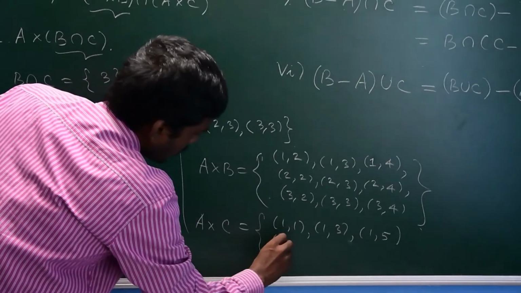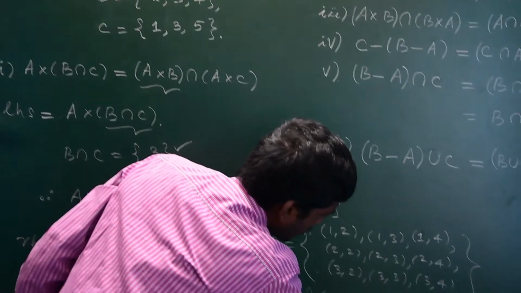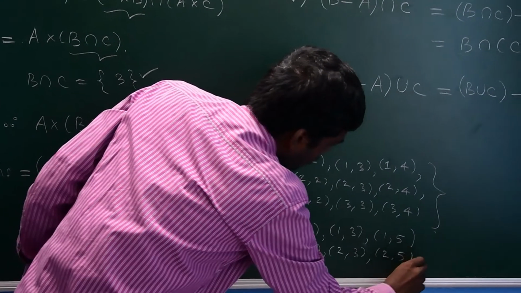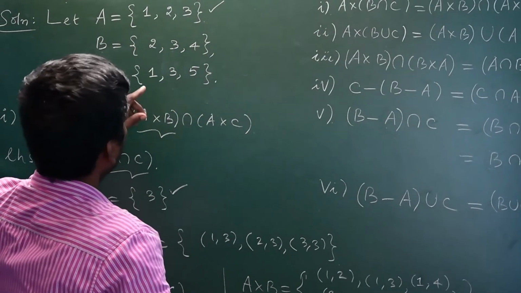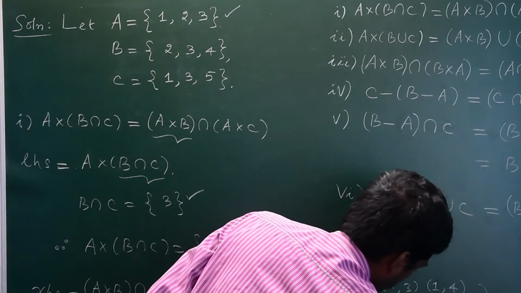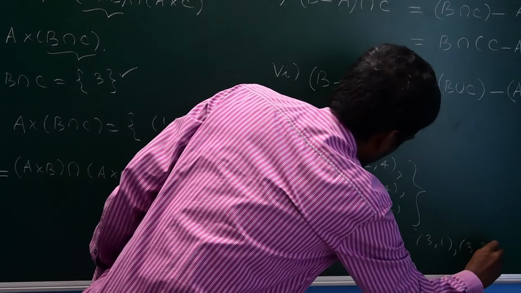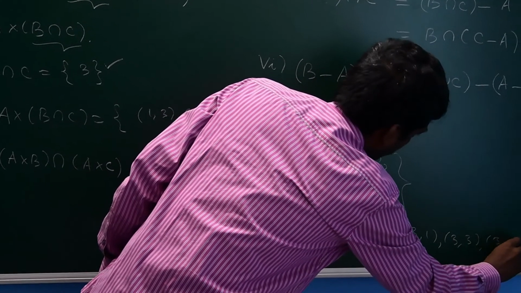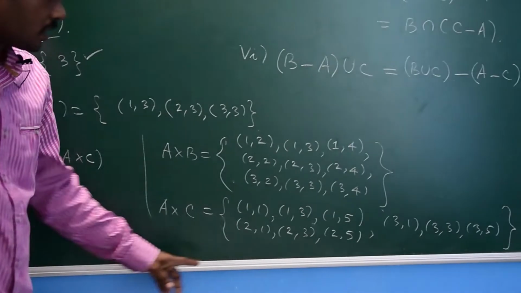Next is (2, 1), (2, 3), (2, 5). And the third element in A is 3, so (3, 1), (3, 3) and (3, 5). So this is what constitutes A × C.